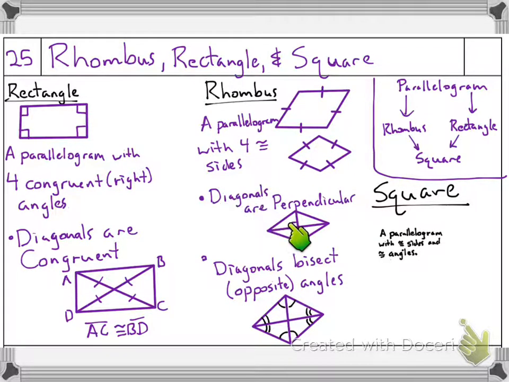Other rules that we have are diagonals are perpendicular, so they meet and form right angles, as well as the diagonals bisect opposite angles. And this is why when we talk about parallelograms, we want to make sure we say that the diagonals bisect each other, because they can also bisect opposite angles, as they do here.